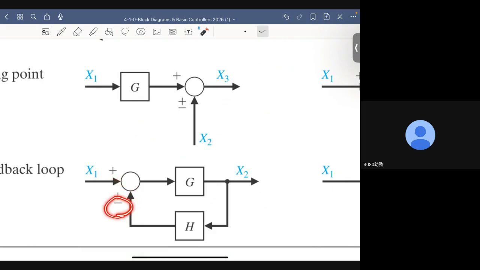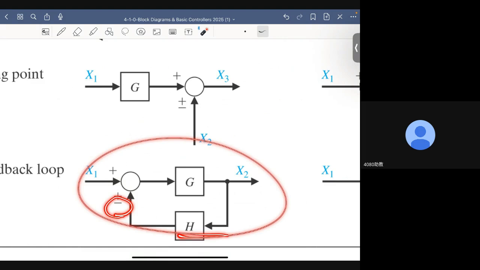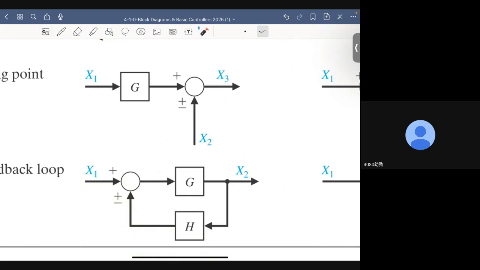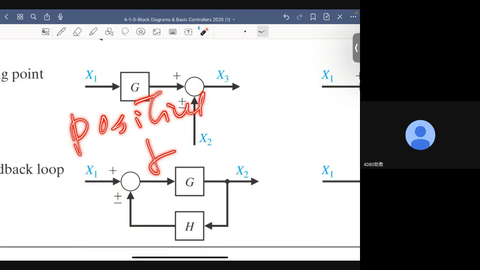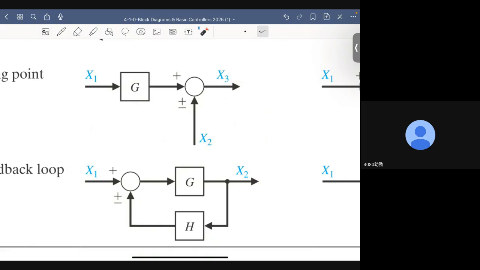If, let's say, we choose this sign to be negative, then we have a negative feedback system. If, on the contrary, we choose a positive sign, then we have a positive feedback system, okay? Positive feedback systems do exist in the real world, but for most of our applications, we always choose negative feedback. Why?